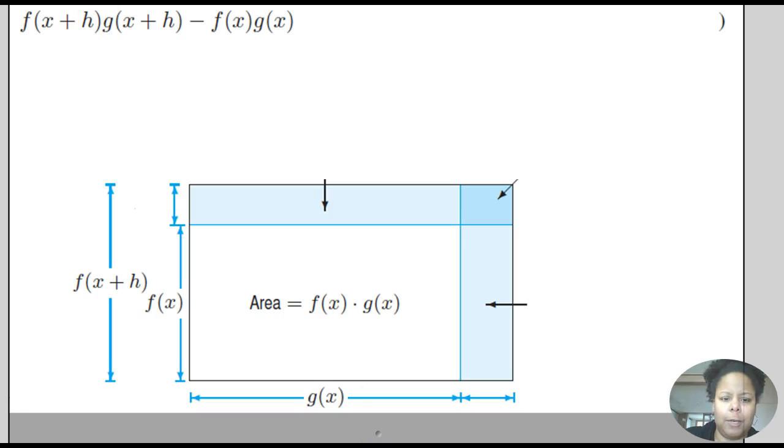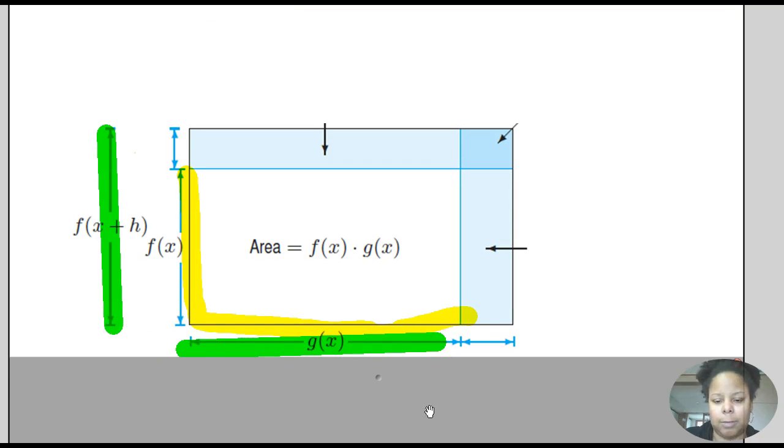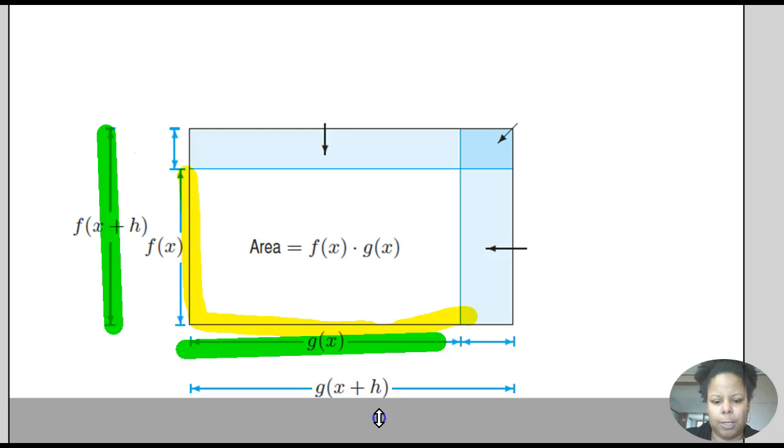As you can see, we have these two rectangles. This is my f of x by g of x rectangle. And then we have my f of x plus h by g of x plus h rectangle. Here's the length f of x plus h, and here's the width g of x plus h.